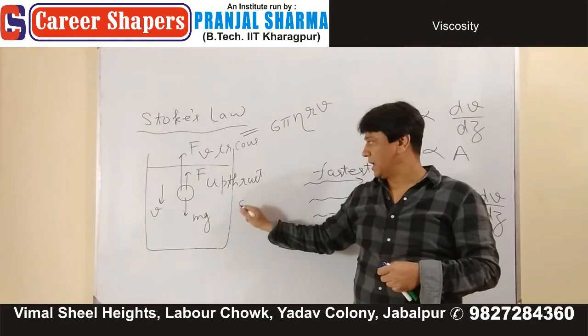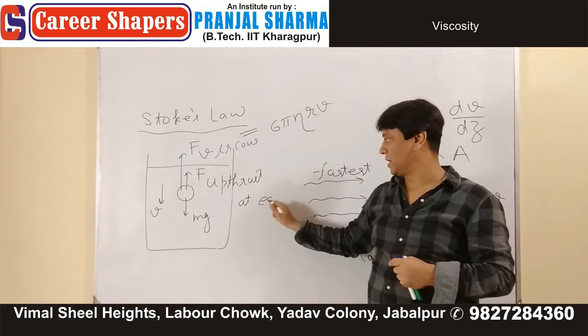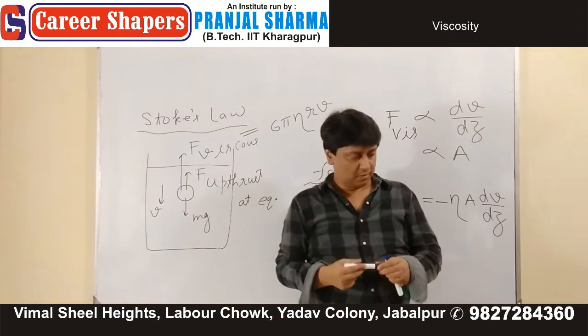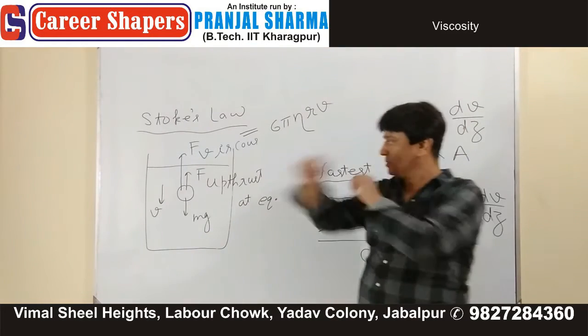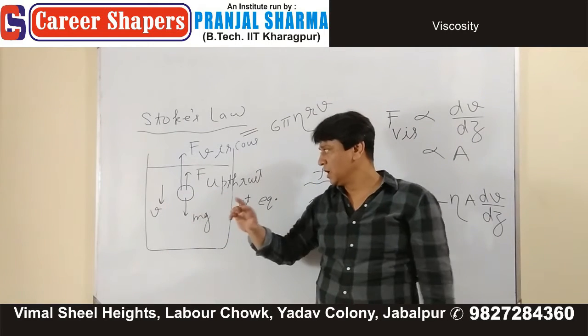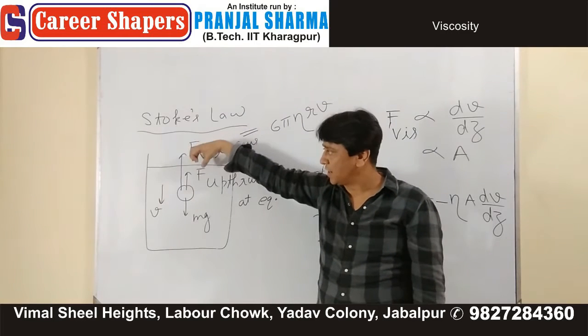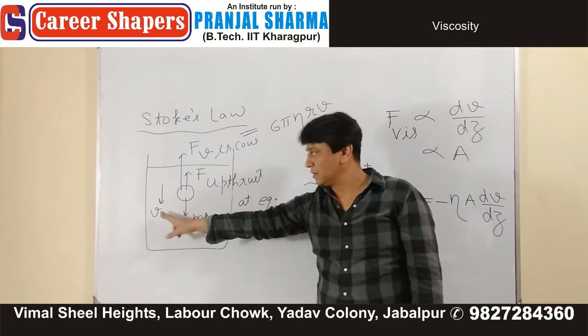Now, when everything is in equilibrium, at equilibrium means what? First, let me explain the meaning of equilibrium. It's a dynamic equilibrium, things are moving. Just when you drop it, imagine, at the highest point, just when you release it, V is 0.